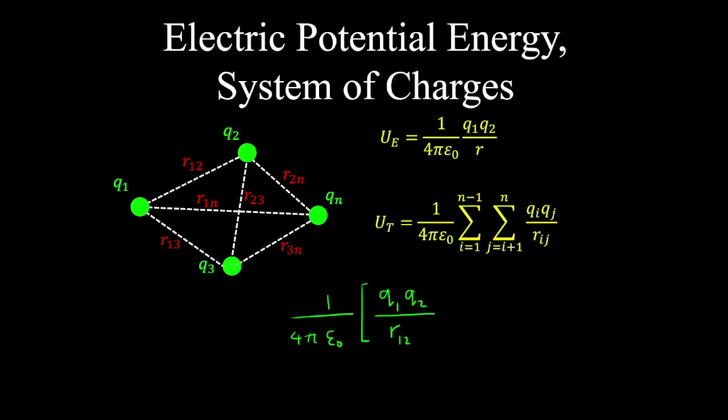Now we'll bring charge Q3 into the electric field of charge 1 and charge 2. Therefore, we have Q1 interacting with Q3, which is the potential energy between the two charges, and we also have Q2 interacting with Q3.